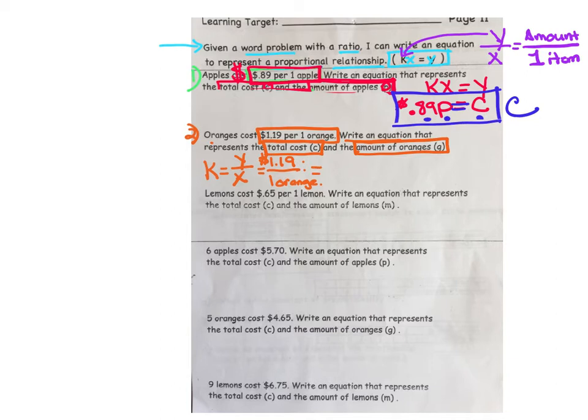So we know rather than using X and Y, we have to use the variables we've been given. Cost is the letter C, and clearly cost is on top, and G is the number of oranges, and clearly that's on the bottom.